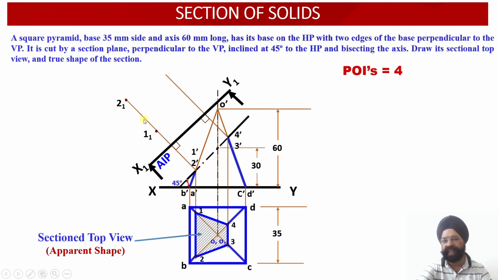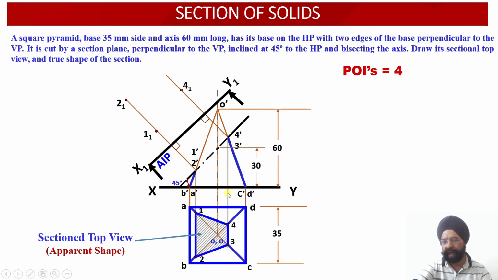This is the distance which I have measured and marked corresponding to the distance of point 2 from the xy reference line. Similarly, corresponding to point 4, I am going to measure this distance of point 4 over here, and onto the locus line of POI 4 dash, from x1 y1 the same distance will be transferred. So the name of this point is 4 1.